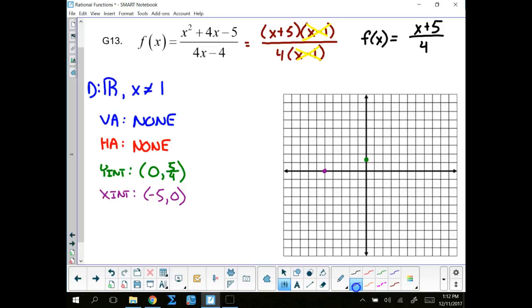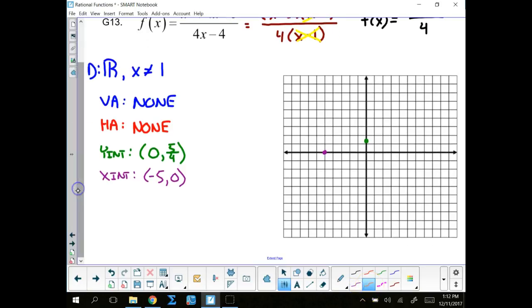Do I have a hole? Yeah, because something factored out, right? Okay, so how do I find that hole again? X minus 1 equals 0, right? So x equals 1. And then I put that into my new function, right? So I find f of 1.